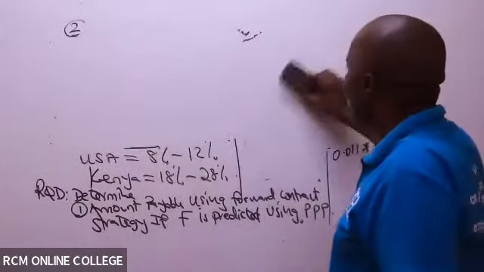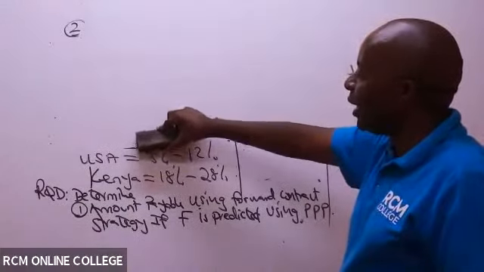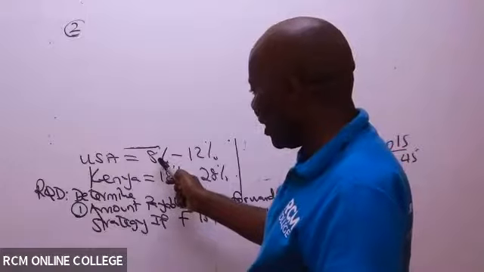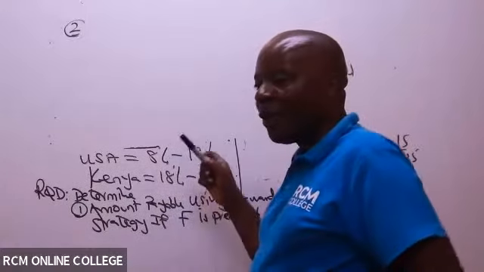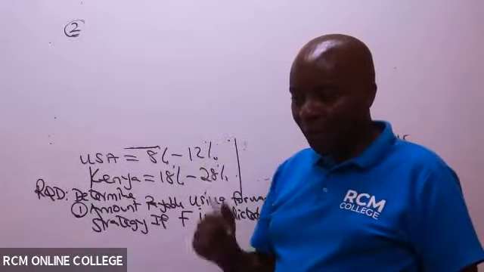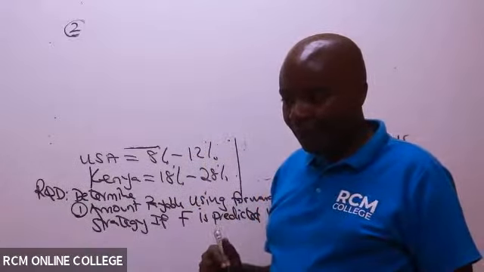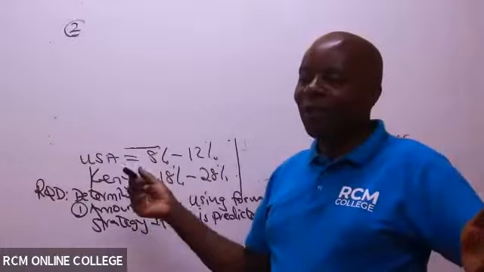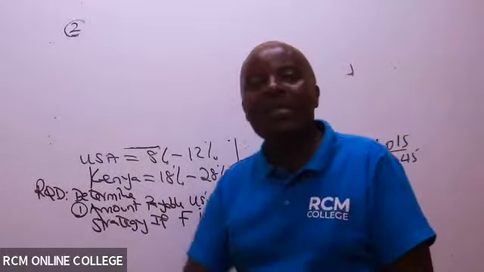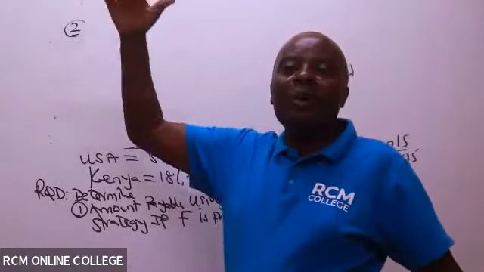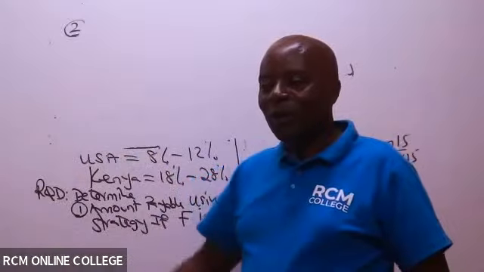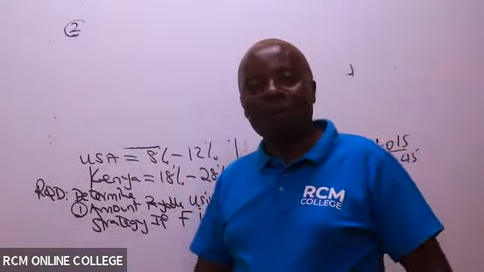Now, ladies and gentlemen, whenever interest rates are given like this, like the USA 8%, 12%, which one is the borrowing rate? Yeah, 12. The bank's borrowing rate must always be higher.